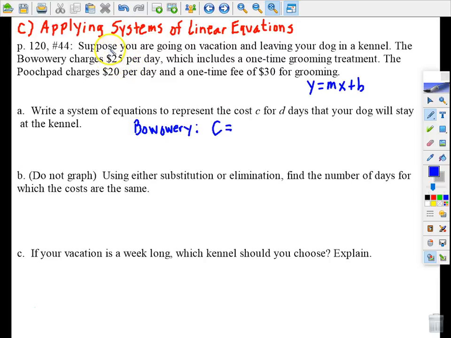$25 per day. I don't know if you remember, hopefully you do, in Chapter 2, we learned of a way to identify the slope of a line. Slope, another way of explaining slope, is a constant rate of change.